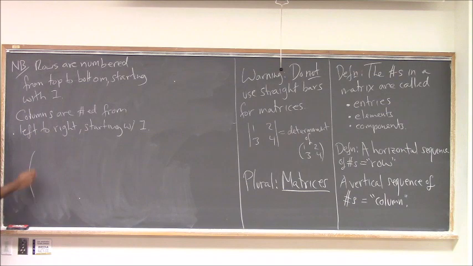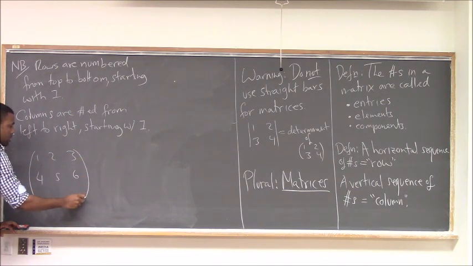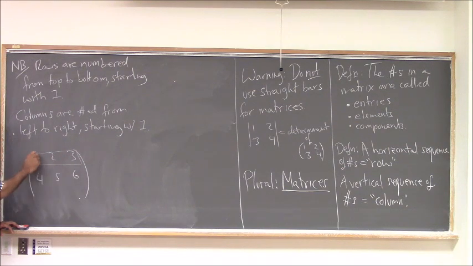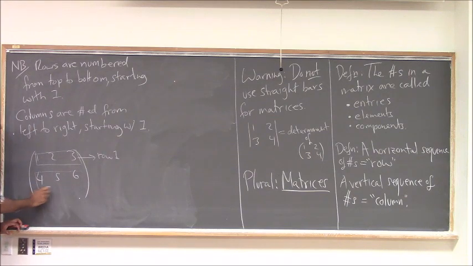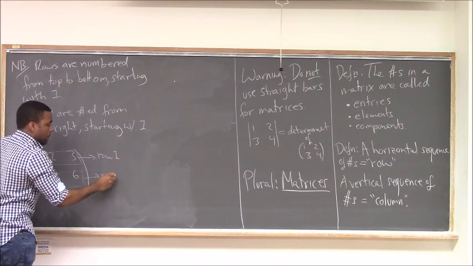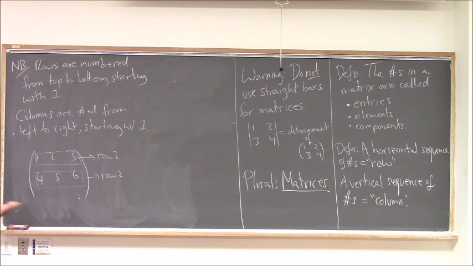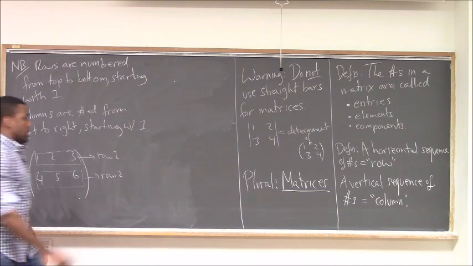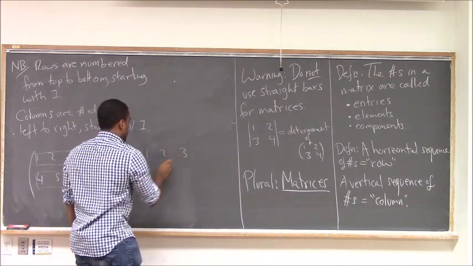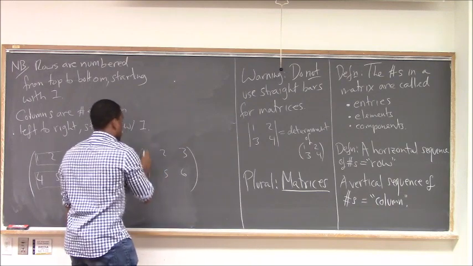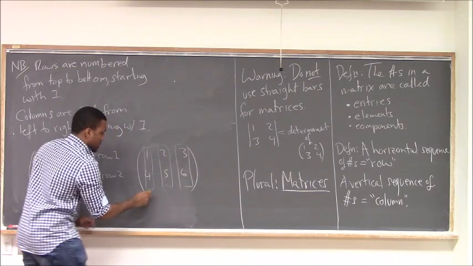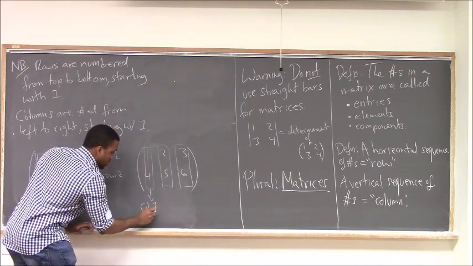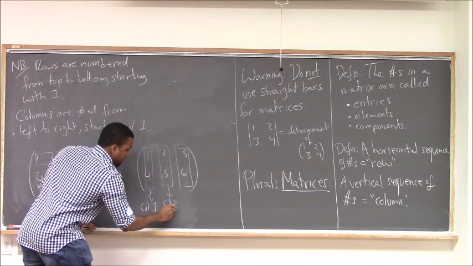So I can talk about this matrix here, 1, 2, 3, 4, 5, 6. If I look at this horizontal sequence, I can say this is the first row, this is row 1. And this is the second row, this is row 2. I can go on about row 3, row 4, and keep going. I can look at vertical sequences of numbers. These are columns. So this is column 1, column 2, column 3.